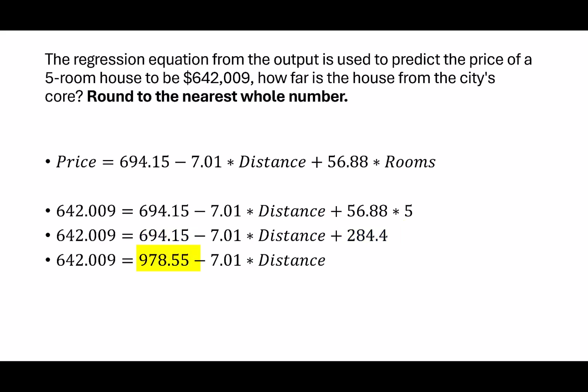We'll move that number to the left, which gives us 642.009 minus 978.55, which is negative 336.541. Because that's equal to negative 7.01 times the distance, we'll divide both sides by negative 7.01 to get that the distance is 48 kilometers.